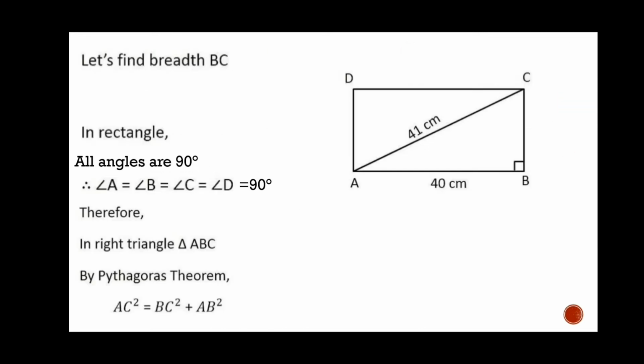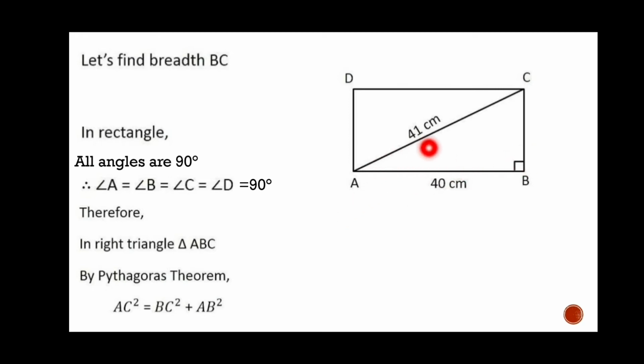So let's find the BC, that is the perpendicular. Now as I told, all the angles are 90 degree in a rectangle. So it is a right angle triangle. We will apply the Pythagoras theorem because we have the hypotenuse here and the base is here.